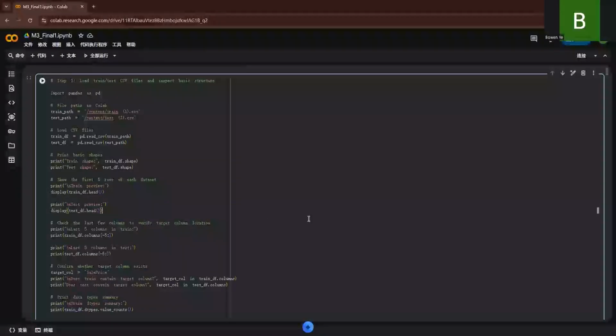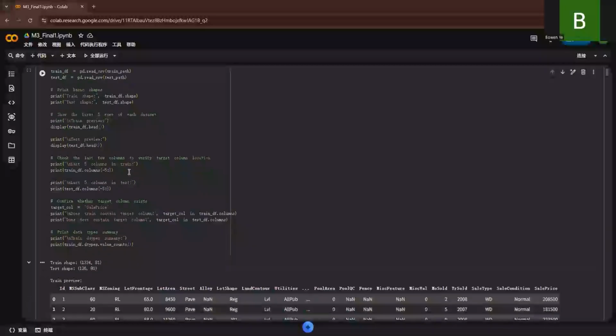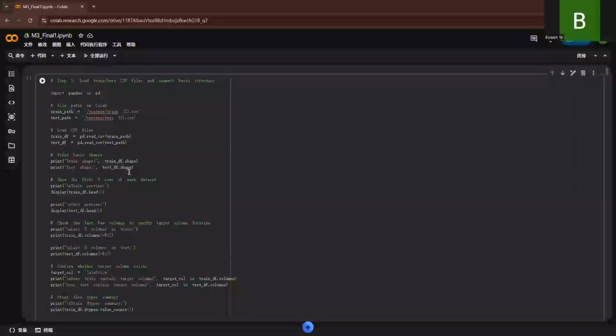Hello everyone. In this presentation, our group Yehong, Zhang, and Bowen will talk through the logic of our Python notebook step by step and explain how each part of the code contributes to improving prediction accuracy for house sale prices.